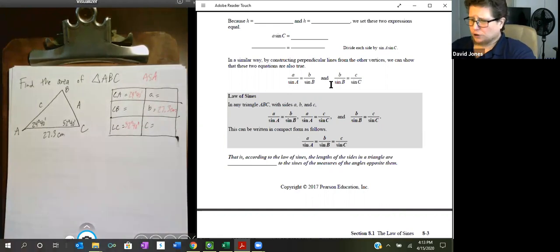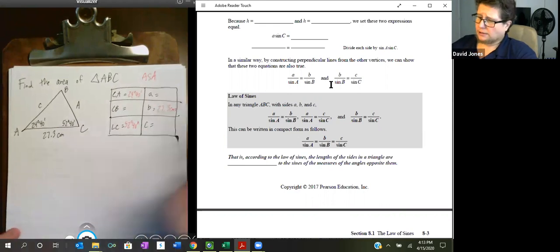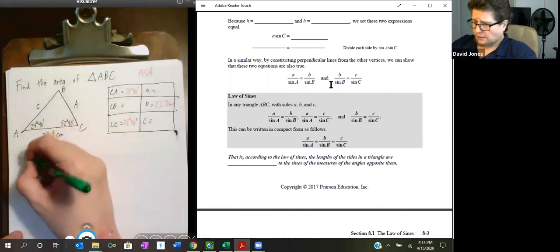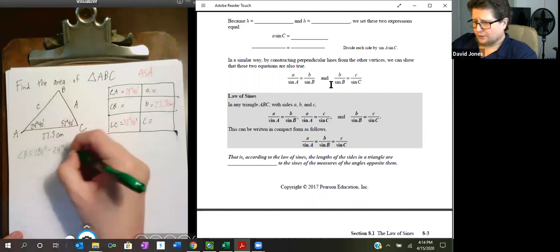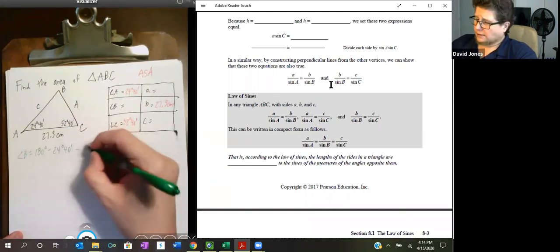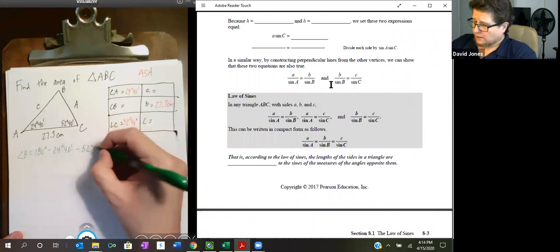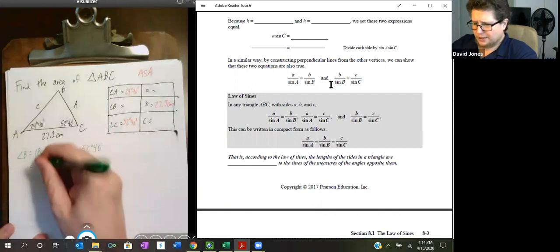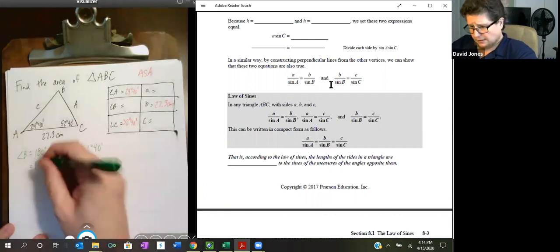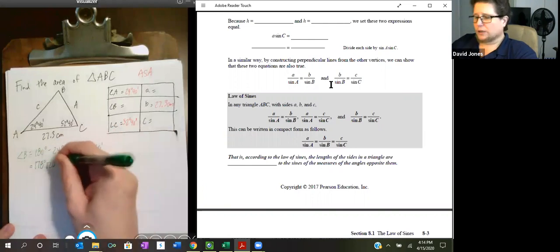So let's find angle B first. We'll subtract the other two angles. This might be easier. I'm going to take 2 of these degrees and convert them into minutes. So I'll have 120 minutes.